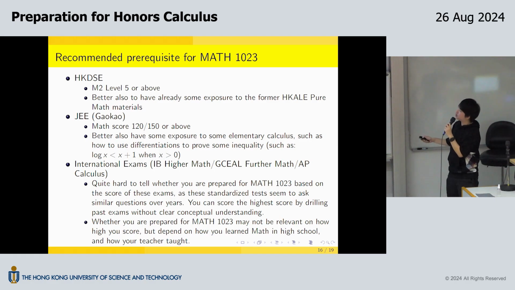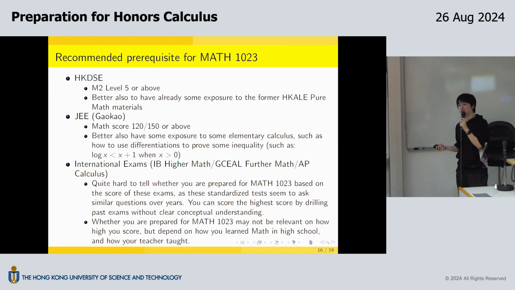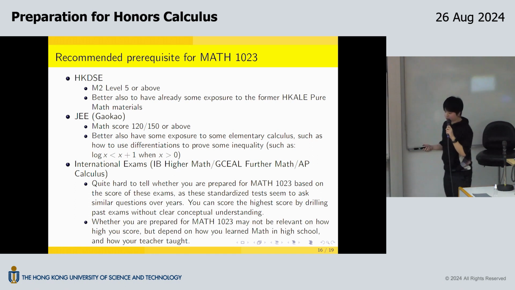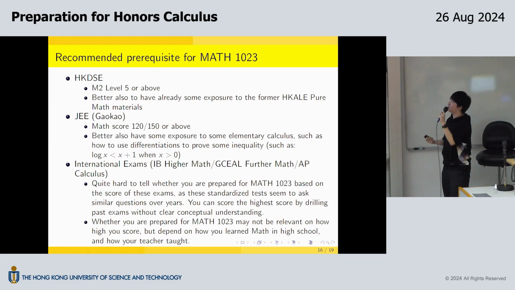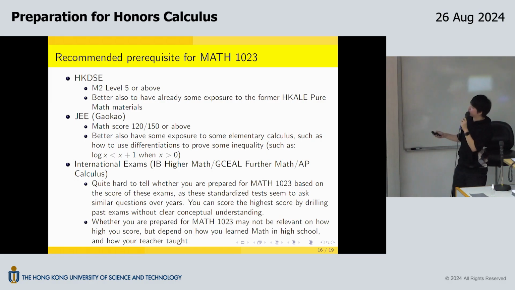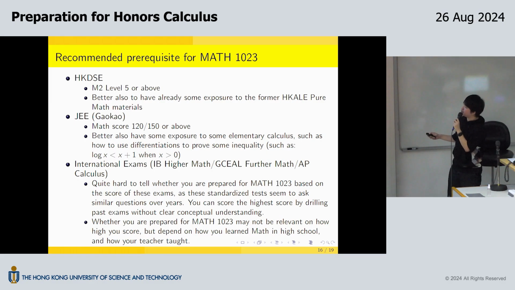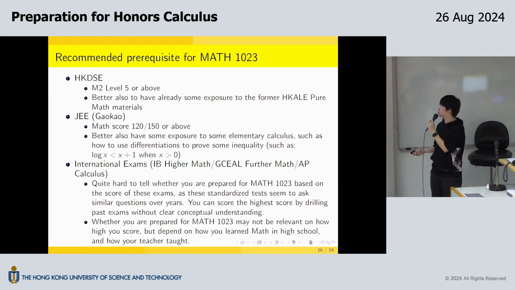If you are admitted through IB, GCE A level, or AP, it will be quite hard to tell whether you are prepared for the honor calculus course based on the score of this exam. Even if you achieve the highest score, it doesn't mean that you are well prepared for Math 1023. It depends on how you learn math in high school and how your teacher taught math to you.